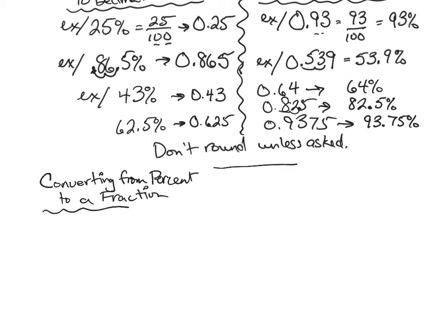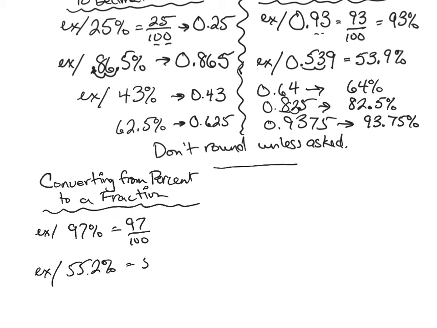So converting from a percent to a fraction, it already is in the name. So if you have 97%, what you have is 97 out of 100. If you have 55.2%, what you have is 55, and remember, in this case, you have to keep that decimal over 100. So all of that is the easy part.